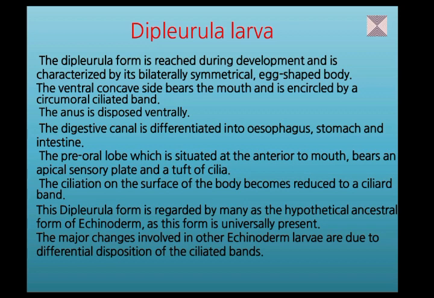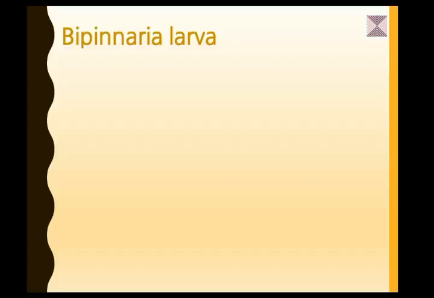Just a few minutes ago, I talked about the ciliated bands, that the larval forms have many ciliated bands in different forms. So here also there is a major change involved in the position of the ciliated bands. We'll be taking up these bands later on.